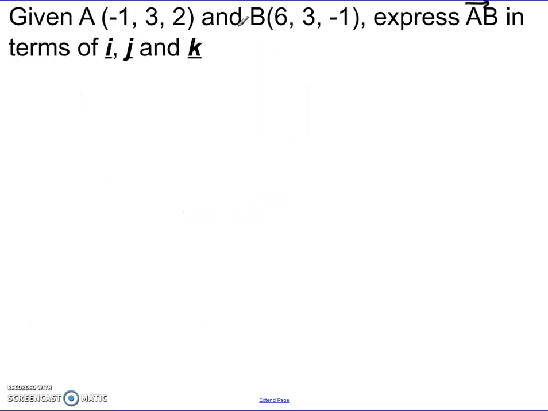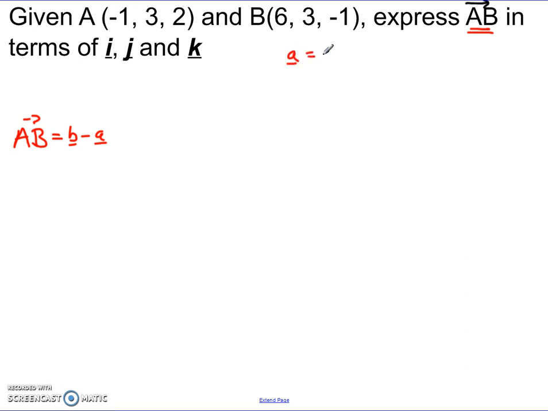Second one, so given that a and b are these points, express AB in terms of i, j and k. Well, the first thing we have to do is get our vector AB using these 2 points. Once we've got that, we're then able to switch it into this form. Now remember, to get the vector from a to b, we have to do the vector b minus the vector a. Now I've got coordinates for a and a coordinate for b, so remember we could just write these as our vectors.